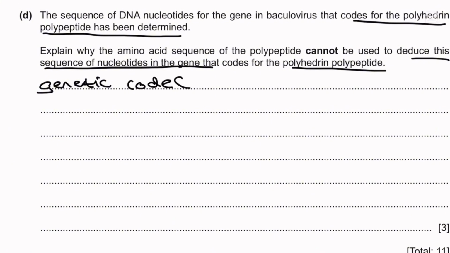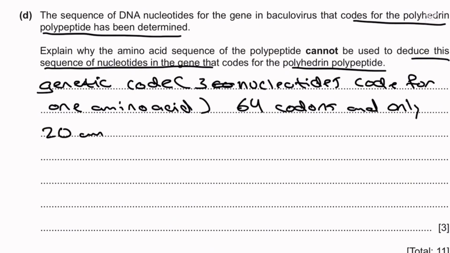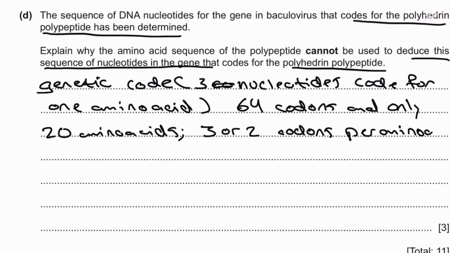The genetic code, basically each 3 nucleotides code for one amino acid, and we have 4 nucleotides, 64 codons, and only 20 amino acids, which means you have 3 or 2 codons, even more sometimes, per amino acid.